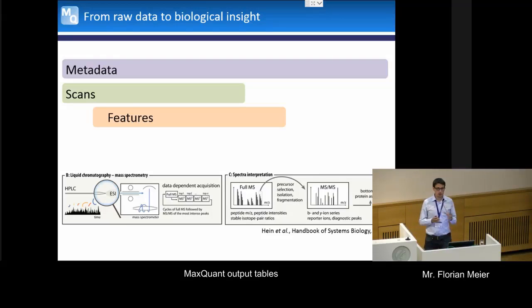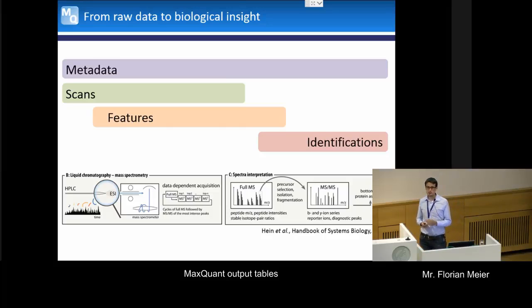Somewhat in the middle is the first interpretation of MaxQuant, the feature finder, a feature meaning this three-dimensional isotope pattern over time. This is the level of features. Once we have this set, we can identify those features by the MS-MS scans that are allocated to the features.